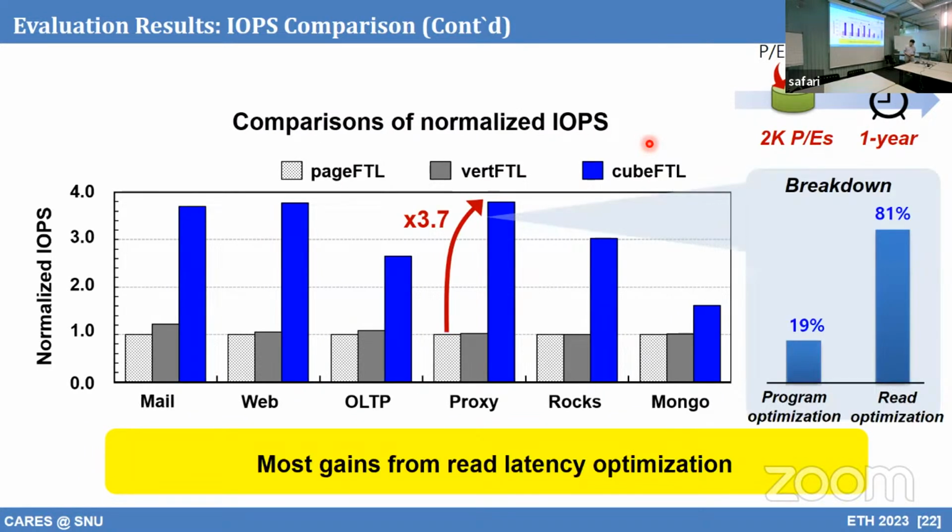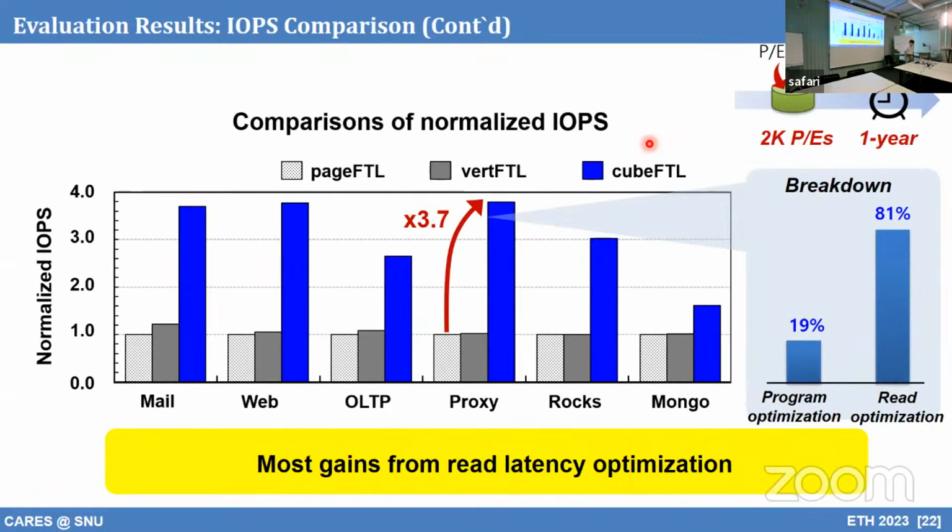In terms of another test case, IOPS is improved about 3.7 times. In this particular case, most of the optimization comes from read optimizations. Even though I didn't present it, we apply the same idea of setting the read level, and we can achieve almost 3.7 times.